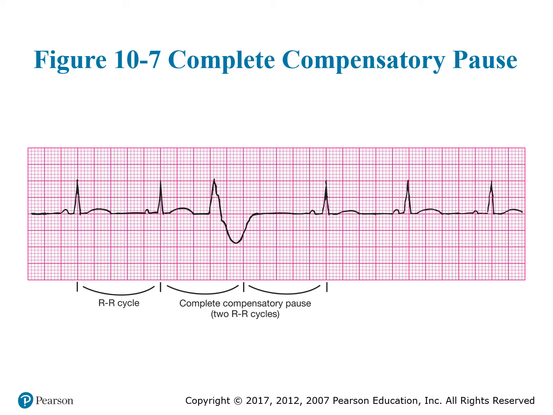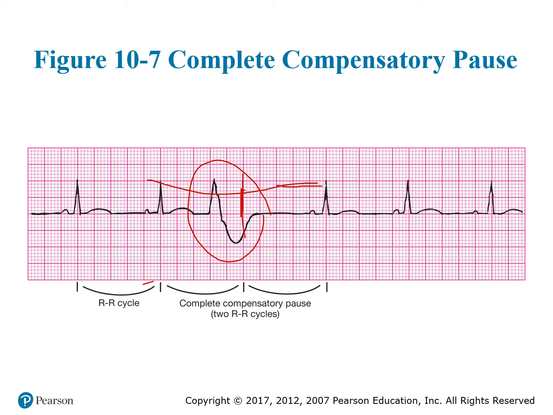If you take a look at figure 10.7, your R to R intervals, or your RR cycles, are there, and then you have a PVC that happens, which is a premature beat. If we measure from this R to this R, counting the little blocks, and we take out the PVC, we'll see another R appear right here.